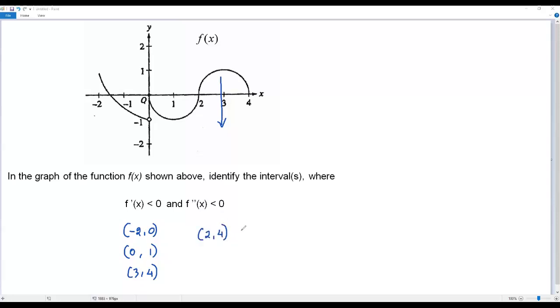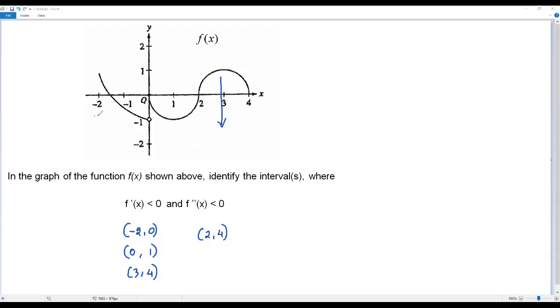But we have to find the interval where f prime of x is less than 0 and also f double prime of x is less than 0. For that, we can compare the intervals we have for f prime of x less than 0 and the interval we have for f double prime of x less than 0. Now let me take the first interval and compare it with 2 to 4. Are they coinciding?